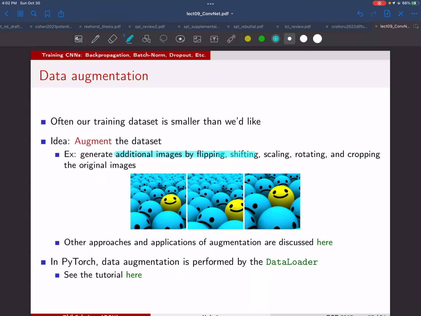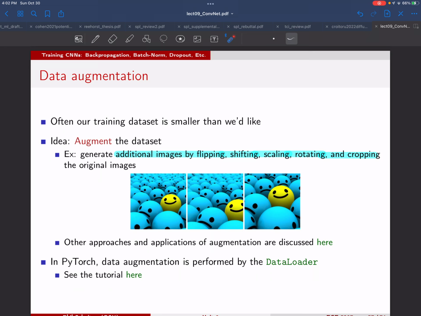Maybe you could shift it horizontally and vertically, scale it, make it a little brighter or darker, rotate a little bit, or crop it a little bit. Here is one example where we have one image, and by zooming in and cropping it in a couple different ways, we've turned that single image into 3 images that all look a little bit different.